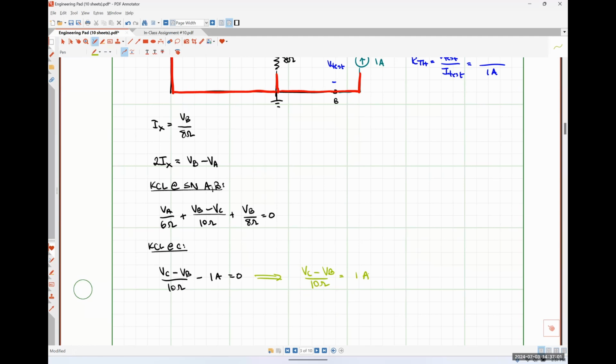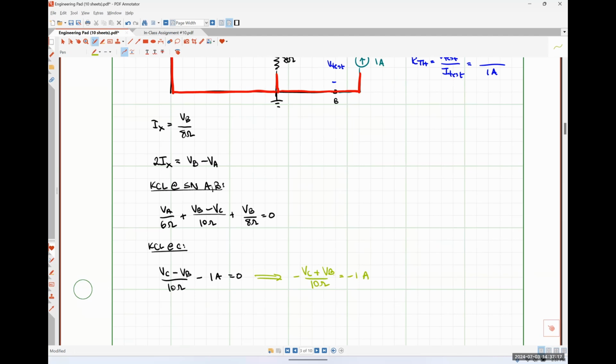That's just moving that 1 amp over to the other side of the equal sign. If I multiply both sides by -1, that's going to give me negative VC plus VB over 10 is equal to -1 amp.